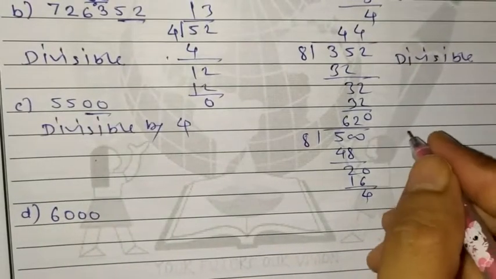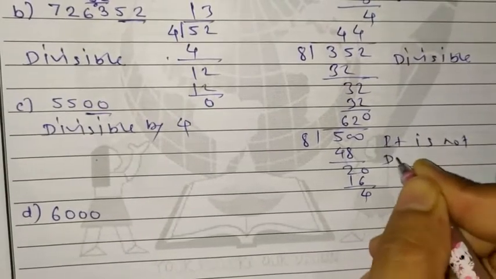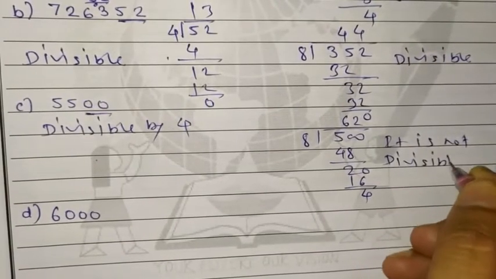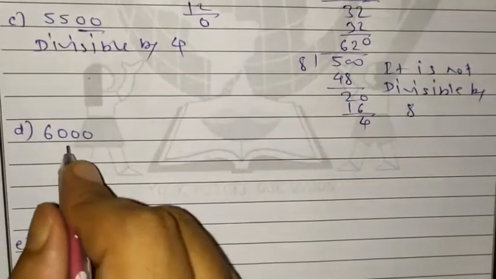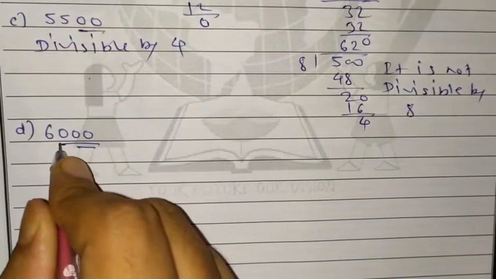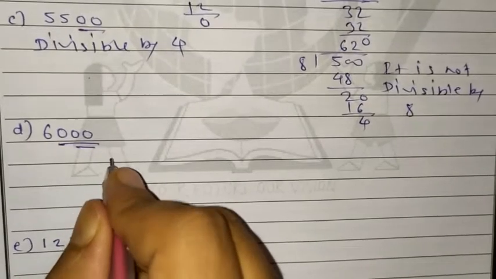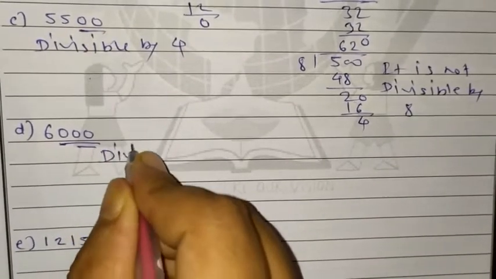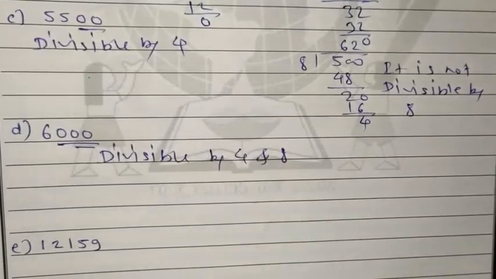So a remainder is left, which means it is not divisible by 8. Now for the D question, last 3 zeros are there. For 4 we need the last 2 digits. For 8 we need the last 3 digits. As zeros are there, you can directly write, without wasting time, divisible by 4 and 8.